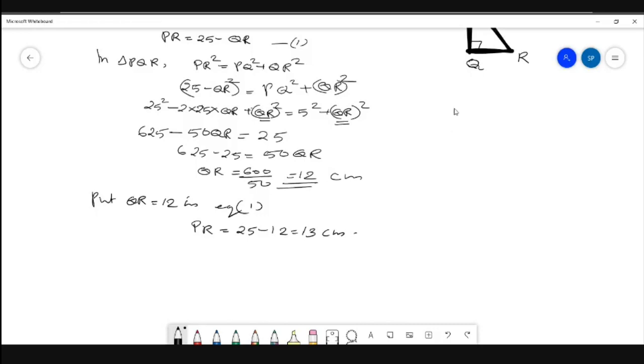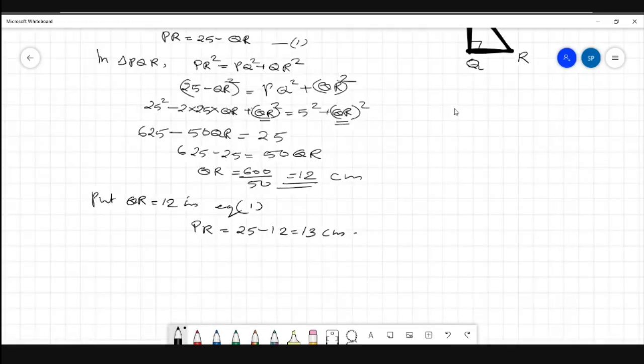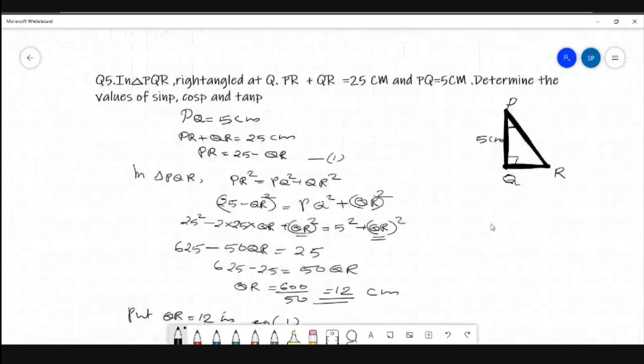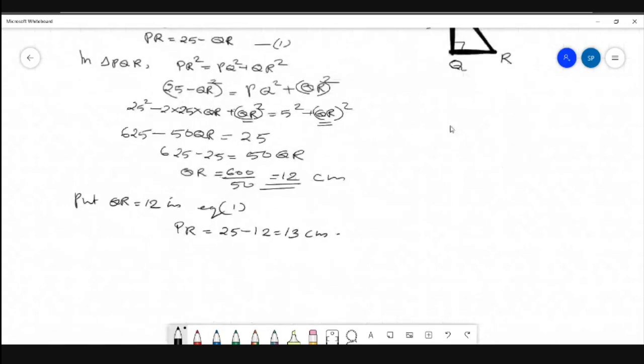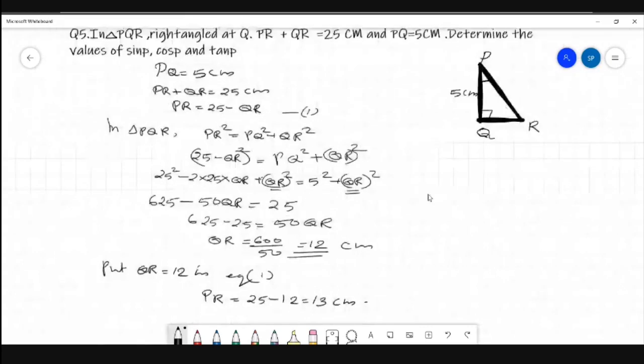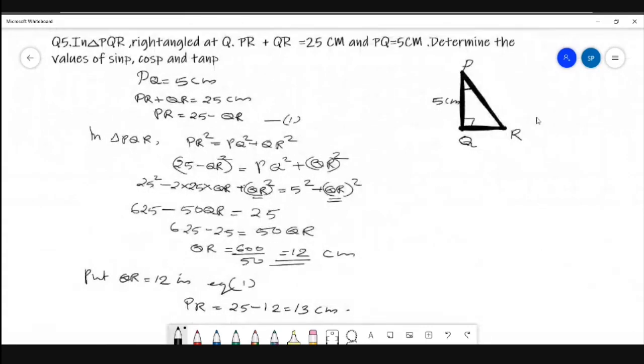Now let us find what is sin P, cos P, and tan P. Okay. So with respect to this angle P, we find what is sin P. We have sin P equal to opposite side with respect to P. QR is the opposite side. QR by PR.